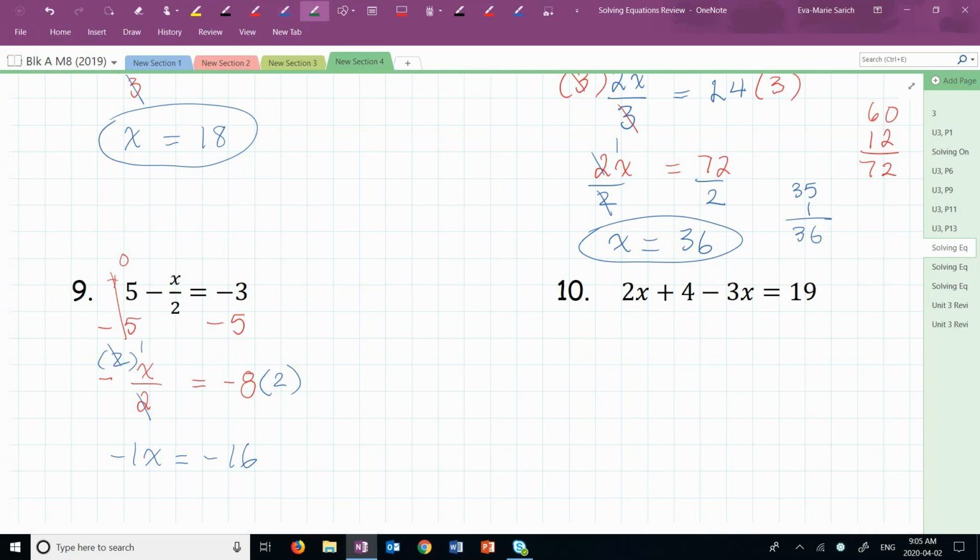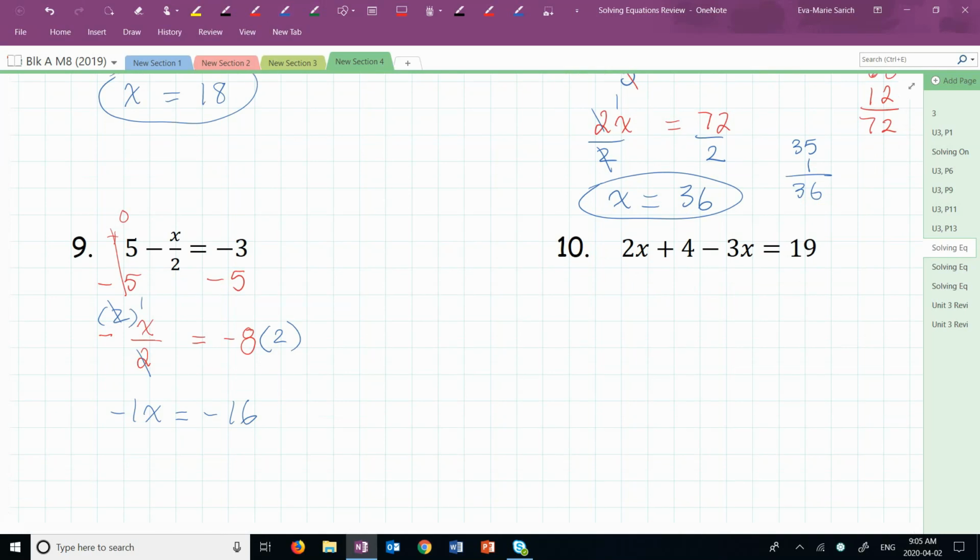So just like if that was a negative 2, we would divide by the same number. So we're going to divide by negative 1 on both sides, and that cancels, and we end up with x is equal to a negative divided by a negative gives us a positive, and 16 divided by 1 is 16.